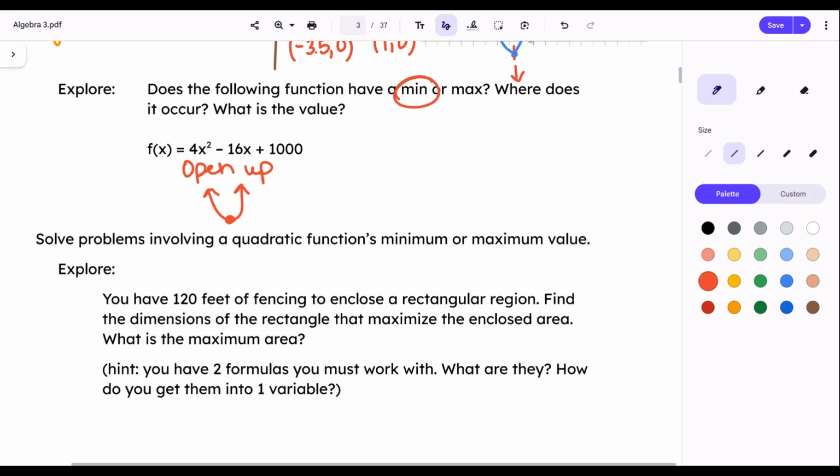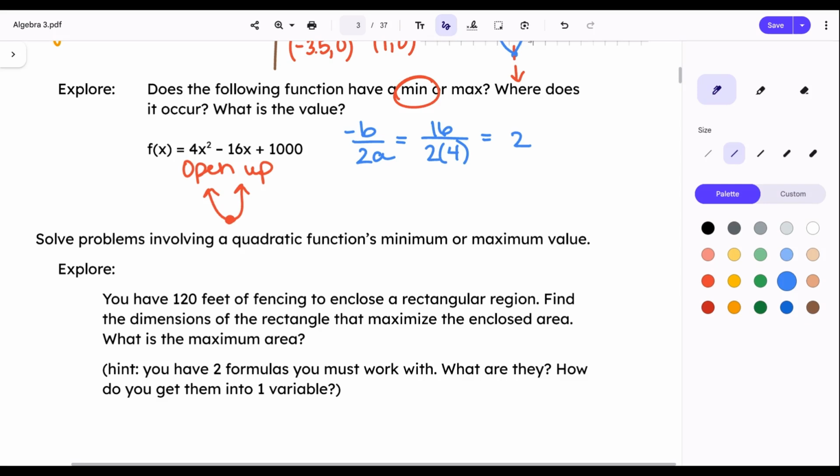And then to find it, we just need to find the vertex, because that's always where the max or the min is going to happen, is at the vertex. So to find your vertex, we start with the opposite of b over 2a. What are you going to plug in? 16 over 2 times 4. Yep. So that comes out to be 2. And then I would just use your table again. Type in that 4x squared minus 16x plus 1,000.